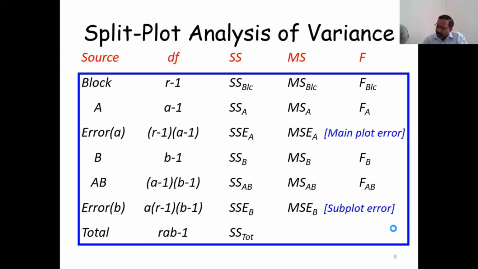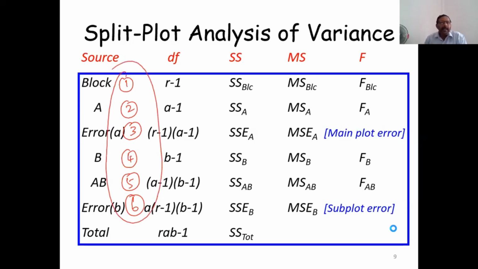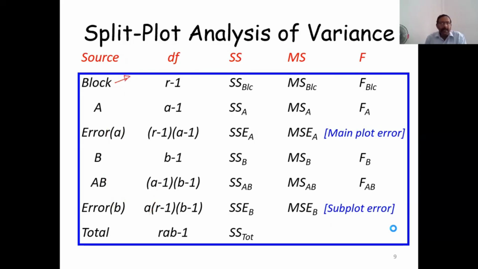So you see in this ANOVA table, how many components are coming? 1, 2, 3, 4, 5, 6, right? 6 components are coming. We'll have to describe all these 6 components in the ANOVA table. So here we have described what is this block effect. In our model, how did we indicate this as?